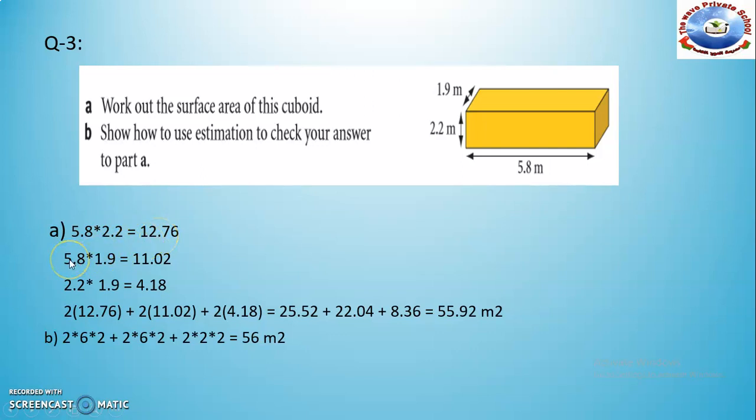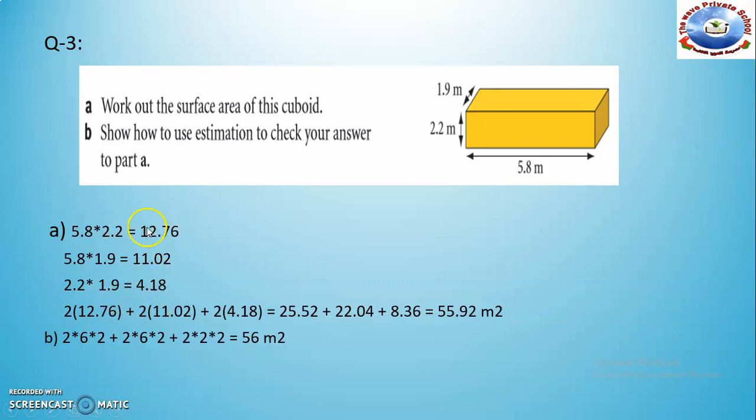Then length 5.8 multiplied by height 1.9 will be equal to 11.02. After that, width 2.2 multiplied by height 1.9 gives 4.18.